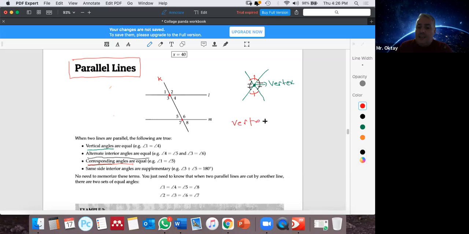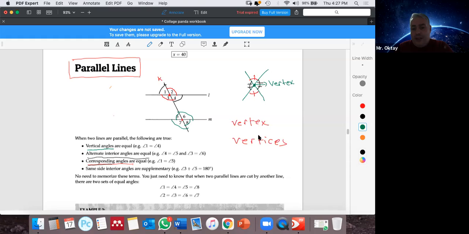Vertex, singular; vertices, plural. So since these are vertical angles or vertex angles, this one is equal to this one, and this one is equal to this one, and similarly this one is equal to this one, and this one is equal to this one.